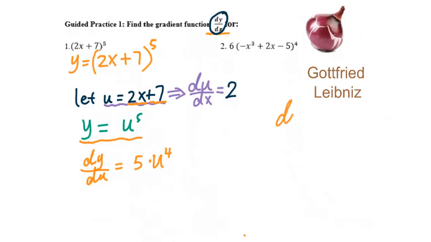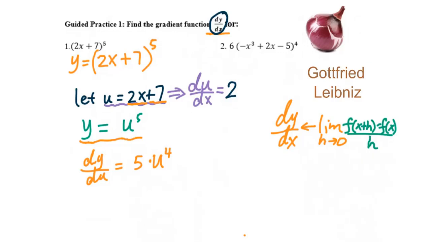For dy by dx, basically it comes from the limit of difference quotient, like this. This limit of difference quotient implies dy by dx is a quotient.